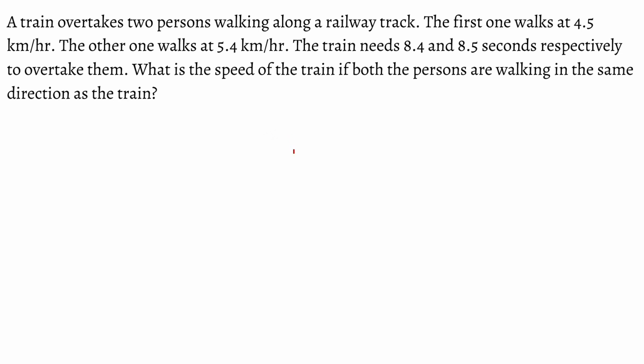So if we observe here, let us assume this one to be the train, and it is moving in this direction. Here is man 1 and here is the other man, so this is person 1, person 2.